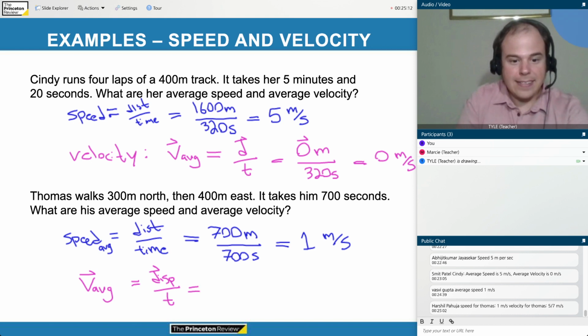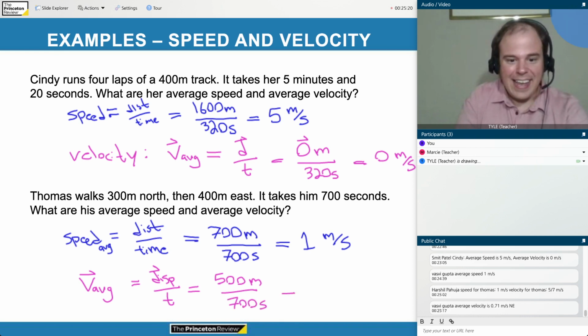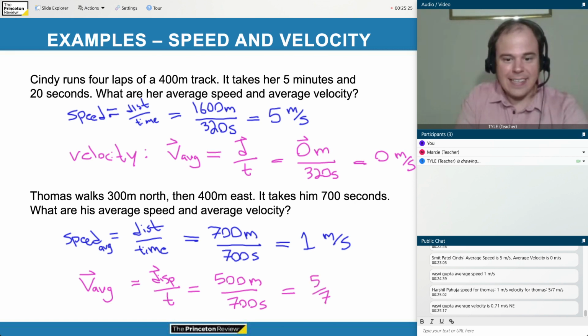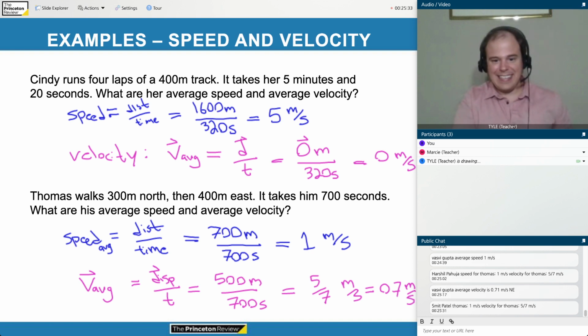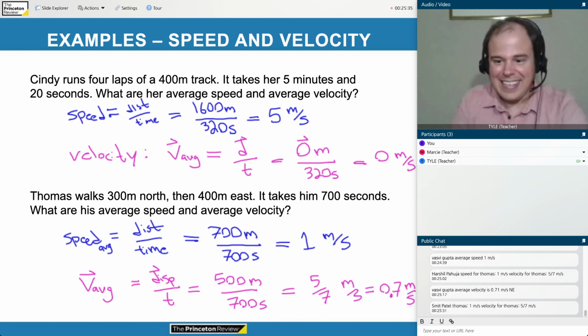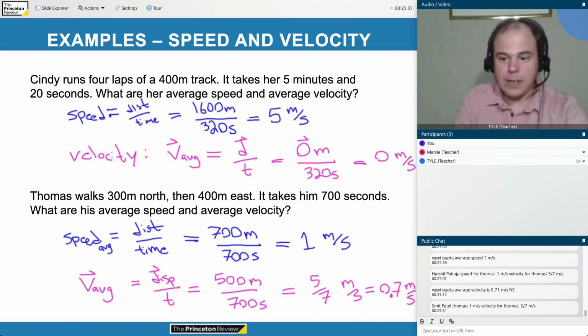And we said that Thomas's displacement was 500 meters and is going to take him 700 seconds to walk that far. And yeah, this comes out to 5/7 of a meter per second, and 5/7 is about 0.7. So something like 0.7 meters per second.